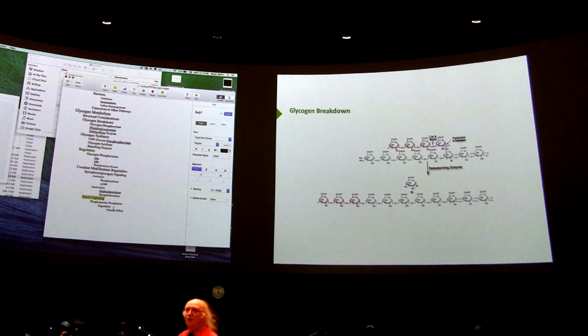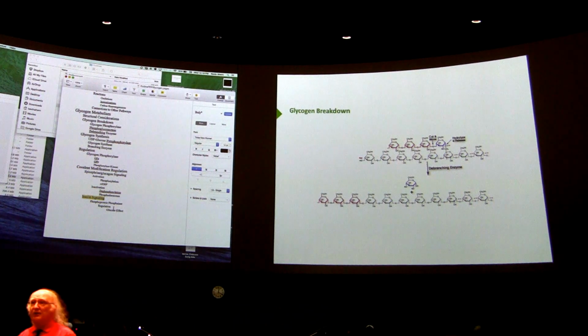And at that point, what you have is a molecule that looks like what you see on the screen above, which is the free glucose on top, and the, in this case, lengthened linear chain of the glycogen below.